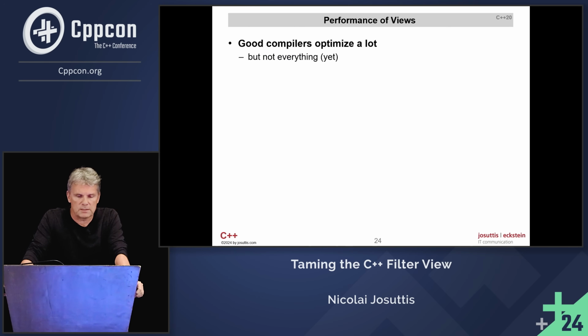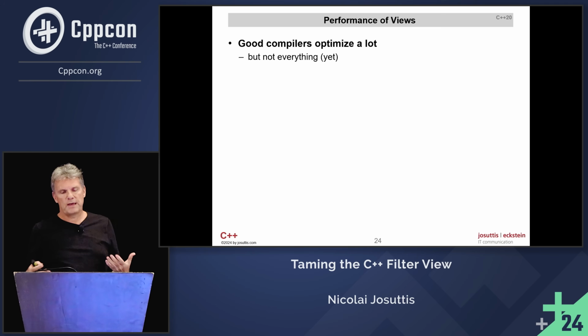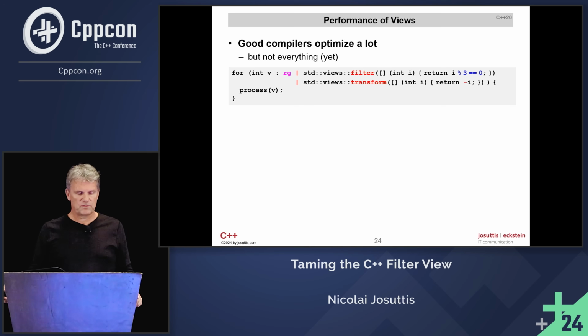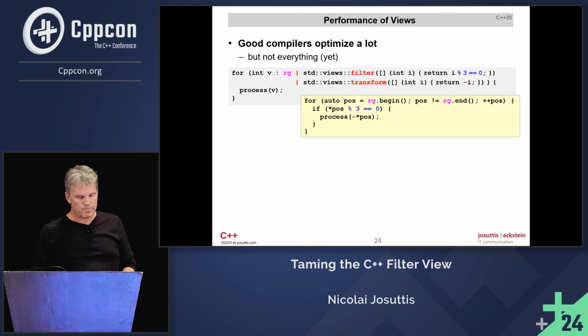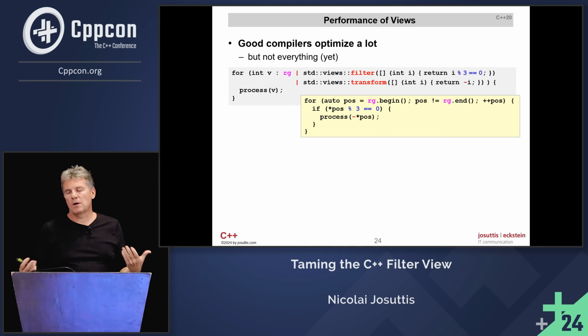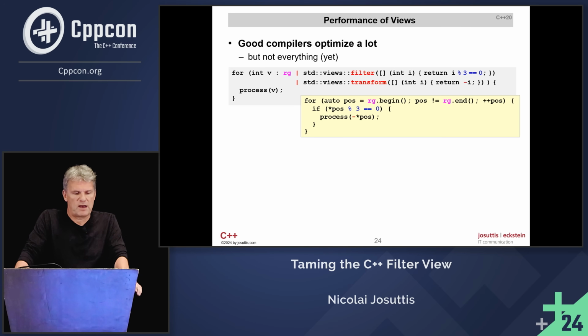Compilers optimize a lot. So if you have something like this, like let's iterate over a range that is passed to a filter, then passed to transform, like here, let me compile that. And compilers might throw away all the calls, just inline all the calls. So it's more or less something like iterating from begin to end, and you have an if saying, is the current value of the position a multiple of 3?